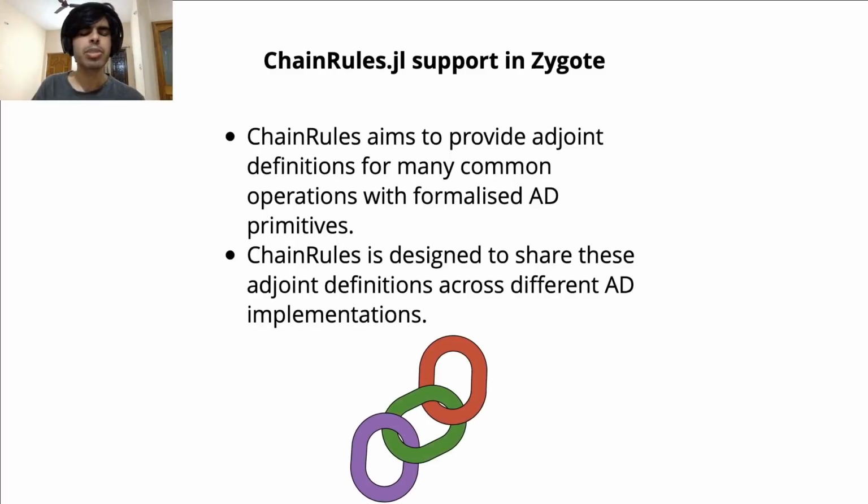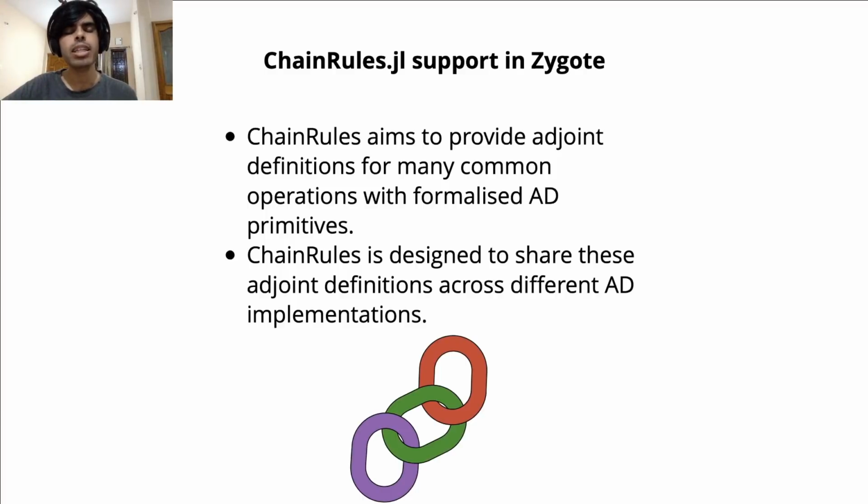Another interesting bit of progress has been the adoption of ChainRules support into Zygote. So ChainRules aims to provide these adjoint definitions for a lot of these common operations in a formalized AD language, which means that we don't really need to maintain these adjoints inside Zygote anymore.